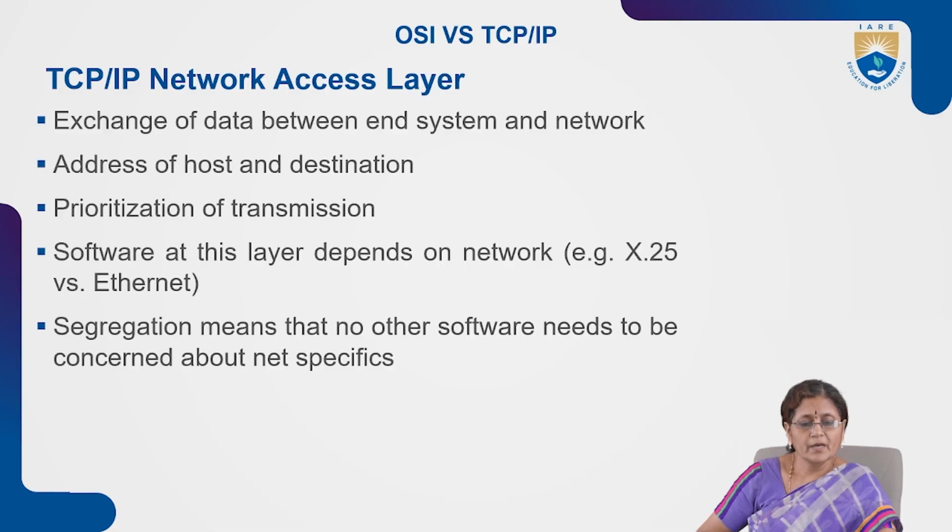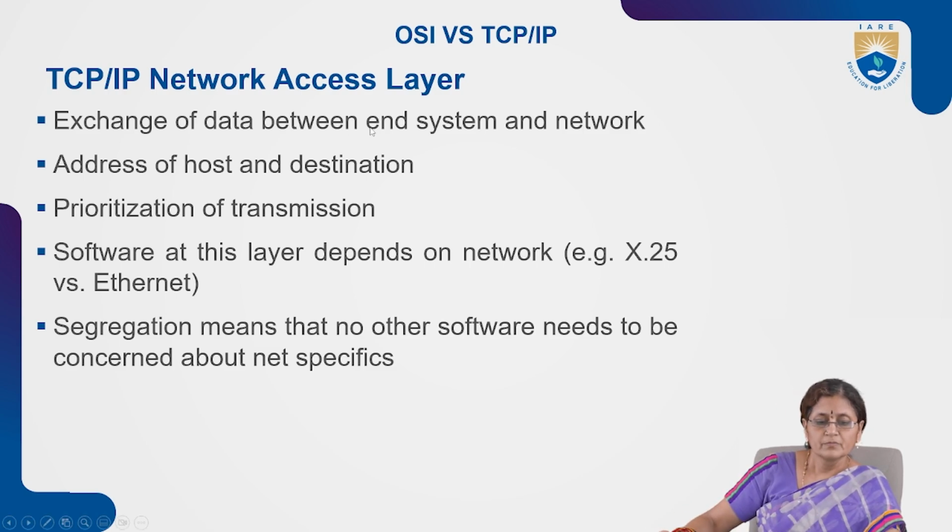In the TCP/IP network access layer, data is exchanged between the end system and the network, and the addresses of the host and destination are added.